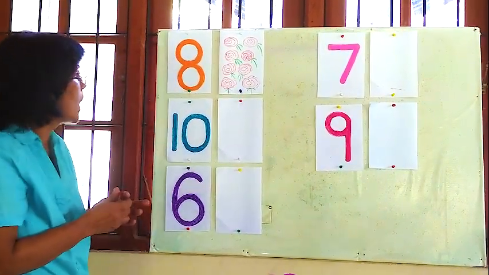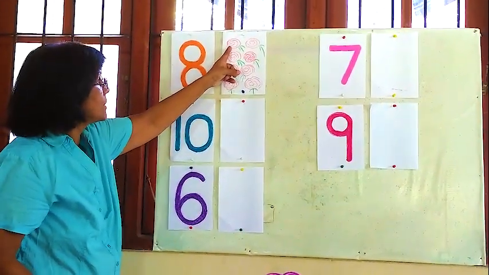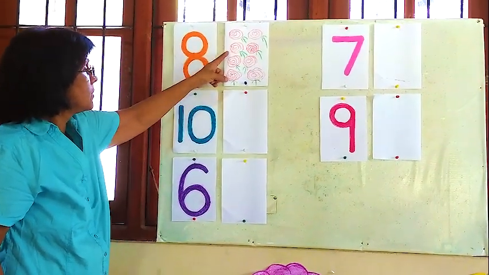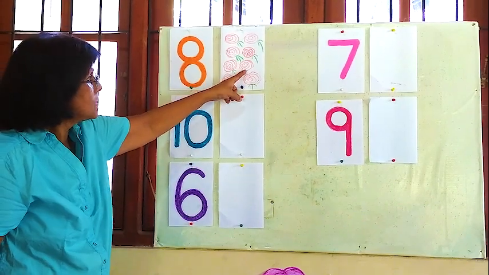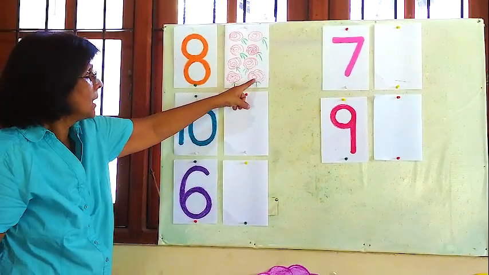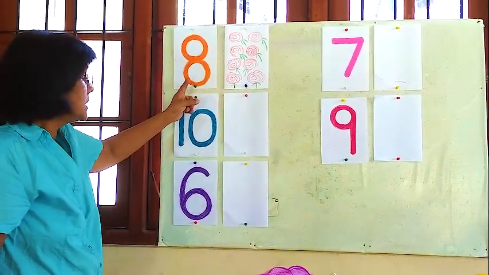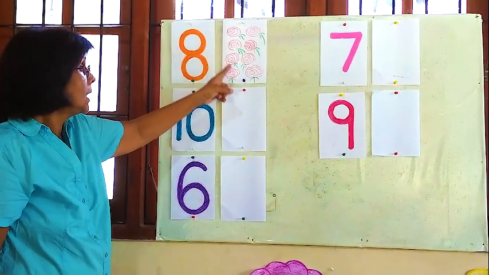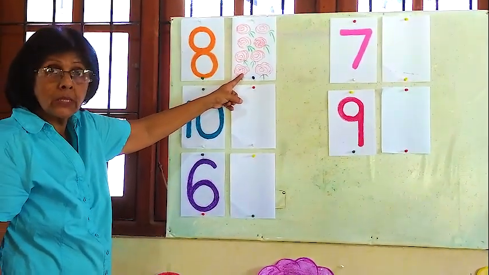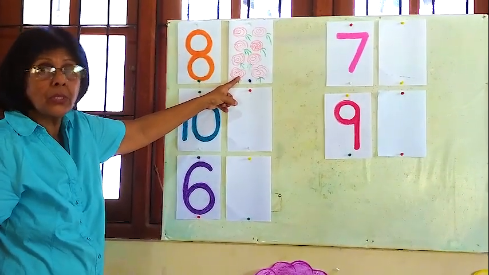Okay. Now here 1, 2, 3, 4, 5, 6, 7, 8. What is this number? 8. For 8 roses, 8 pictures.